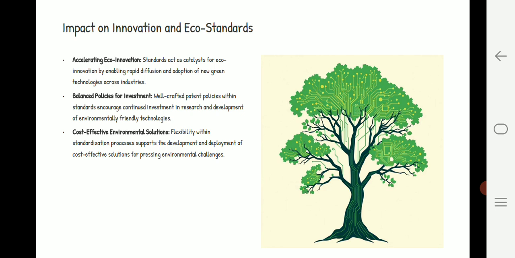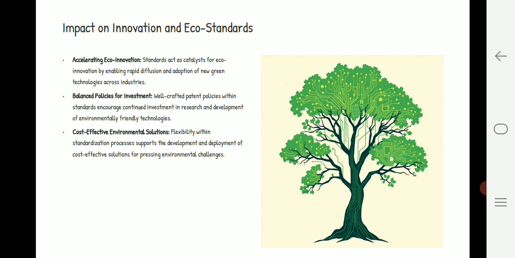There is an impact on innovation and the ecosystem. To explain this, we need to consider three parameters: accelerating eco innovations, balanced policies for investment, and cost effective environmental solutions. A standard acts as a catalyst for eco innovation by enabling rapid diffusion and adoption of new green technologies across industries, moving towards eco innovations without disturbing the environment.